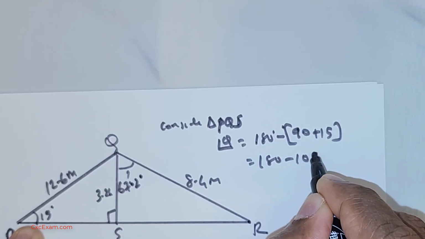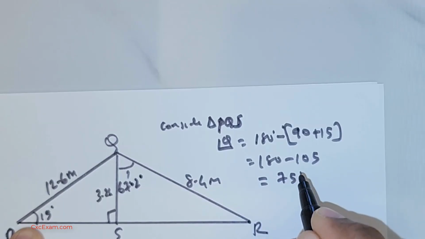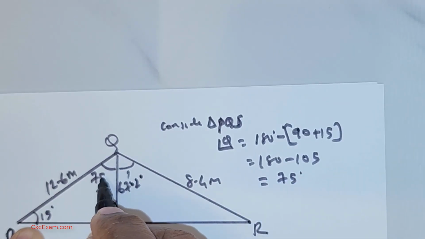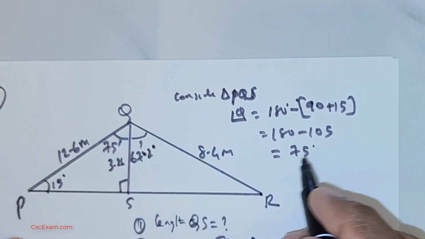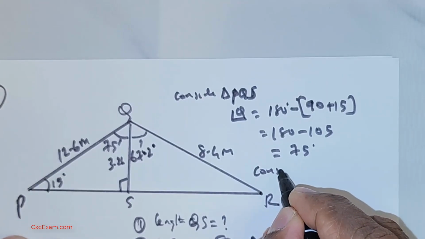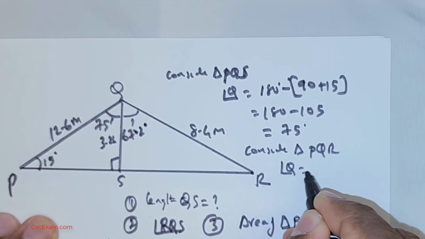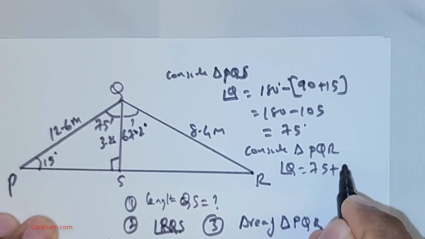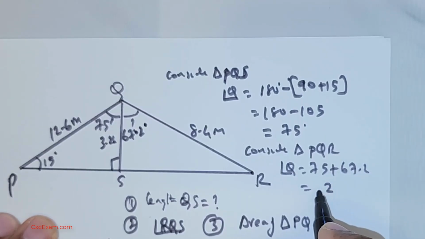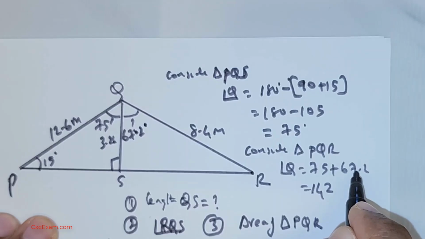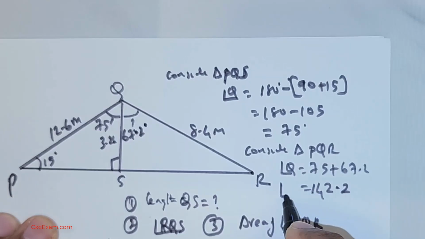So from 180 you subtract 105, that is going to give you 75 degrees. So this is 75. So the total angle, so what I'm going to do is consider triangle PQR. So the angle at Q is going to be 75 plus 67.2. So that is going to be 142.2 degrees. This is the angle at Q.